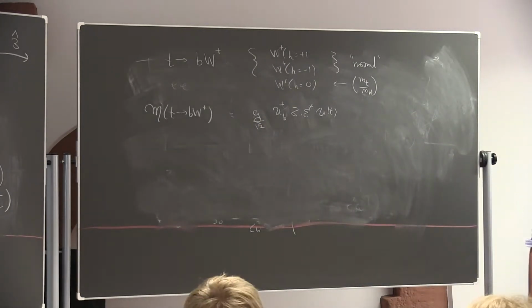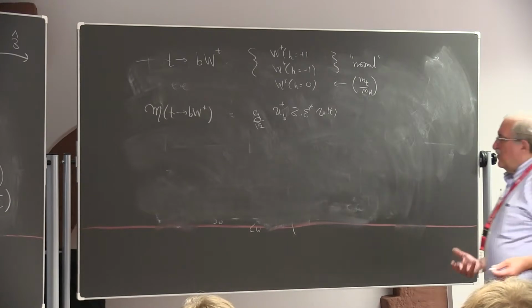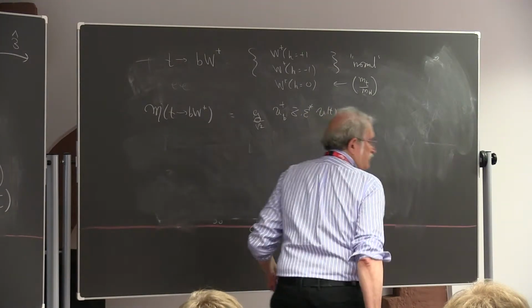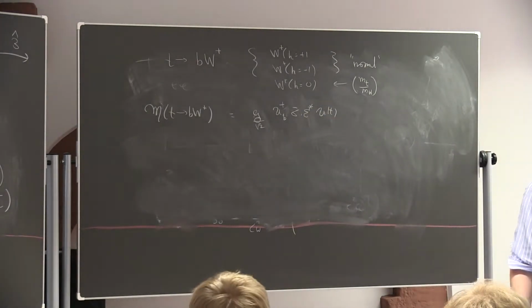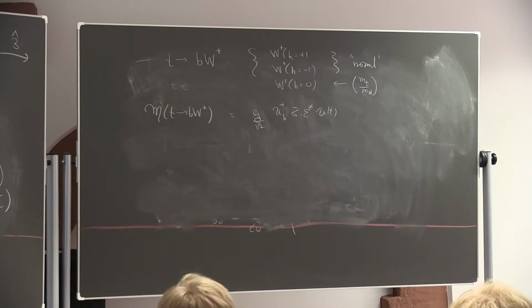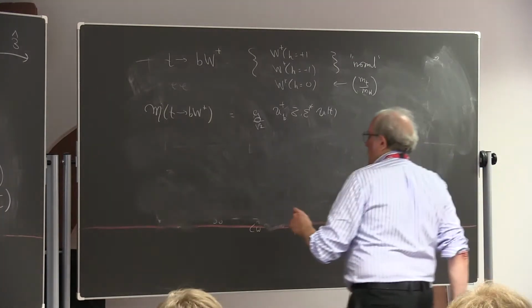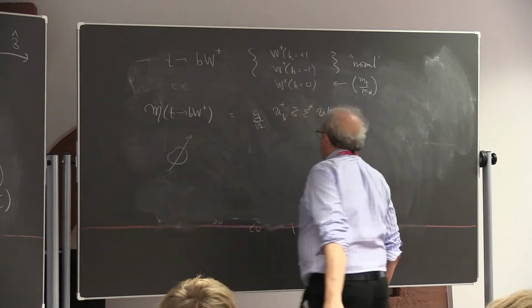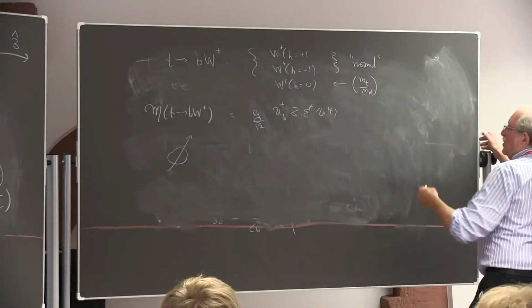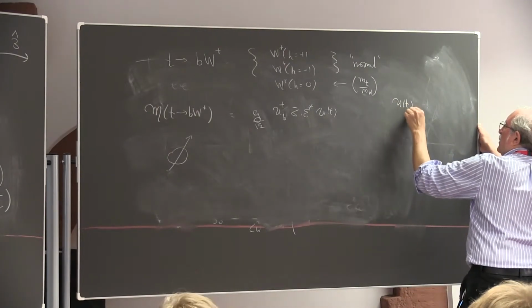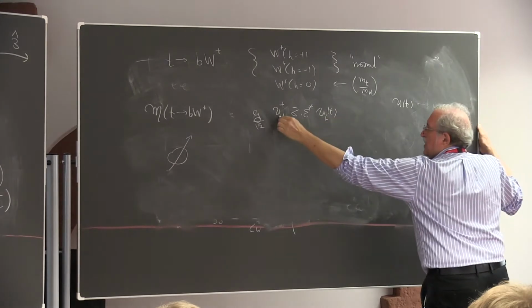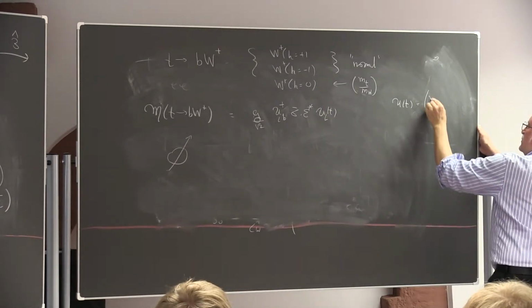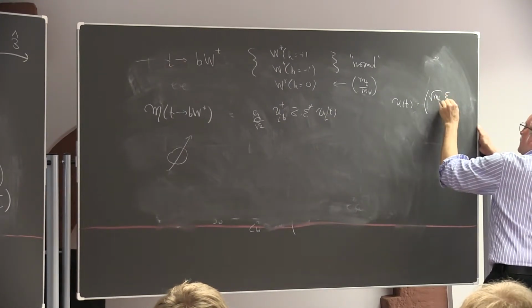Let me choose the following coordinates, which are very useful. I'm going to let the top quark have some arbitrary polarization, so I'm just going to represent it by a spinor. U of t. These are left-handed, so it's the square root of mt times that spinor.